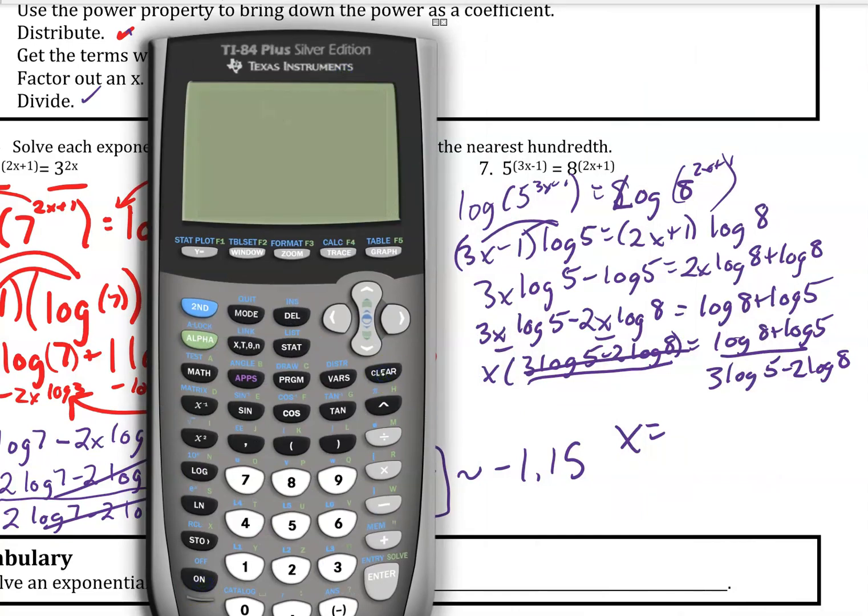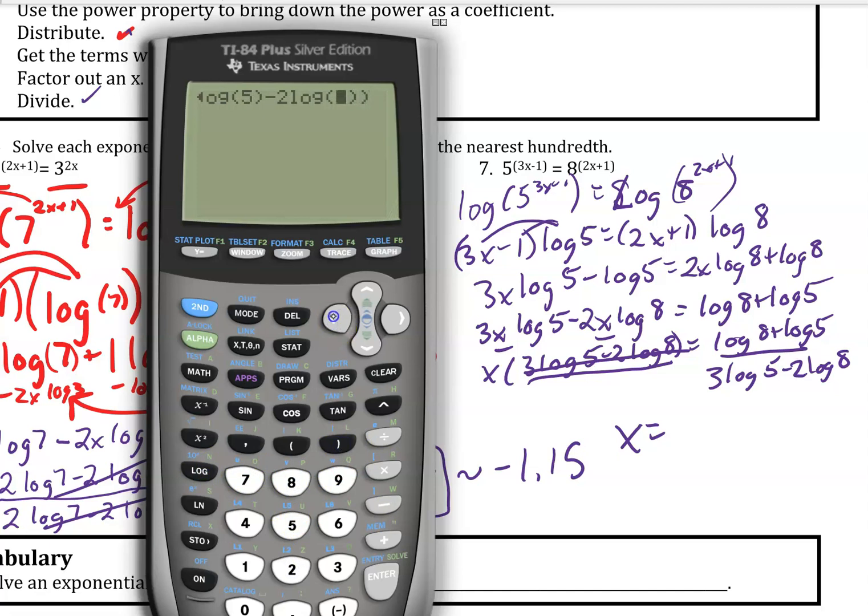So, on the top, parentheses, log 8 plus log 5. Close my parentheses, divided by parentheses, 3 log 5 minus 2 log 8.